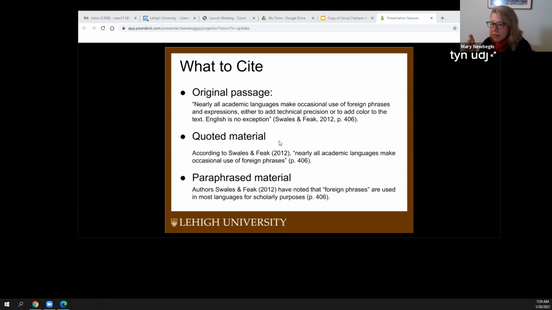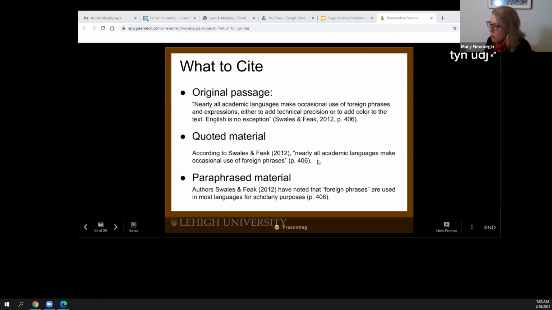And I think it's these little tiny things that really get students into trouble. You know, you're writing and you're paraphrasing quickly, and maybe there's just a little piece of that original that you forget. Any questions about that? Does everybody see what I'm talking about? So I'm talking about this little part where my cursor is in the paraphrased material.